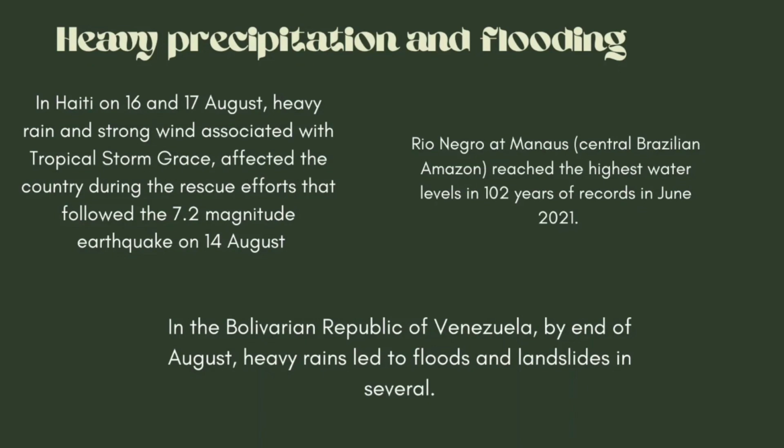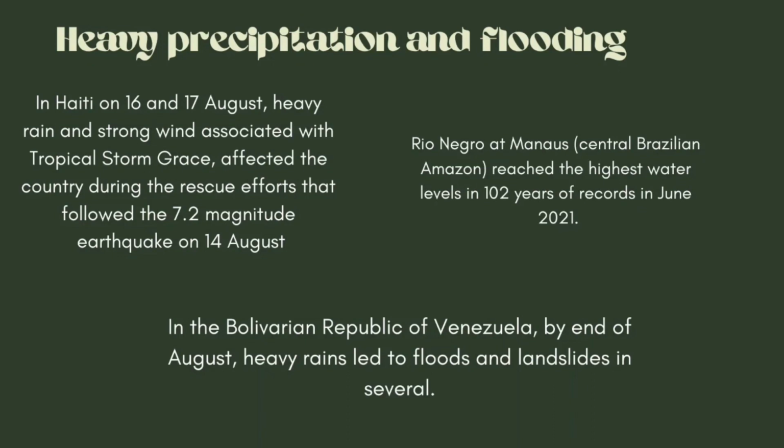In the Bolivarian Republic of Venezuela, by the end of August, heavy rains led to floods and landslides in several areas. Extreme rainfall across the region led to hundreds of lives lost, tens of thousands of homes destroyed or damaged, and hundreds of thousands of people displaced.